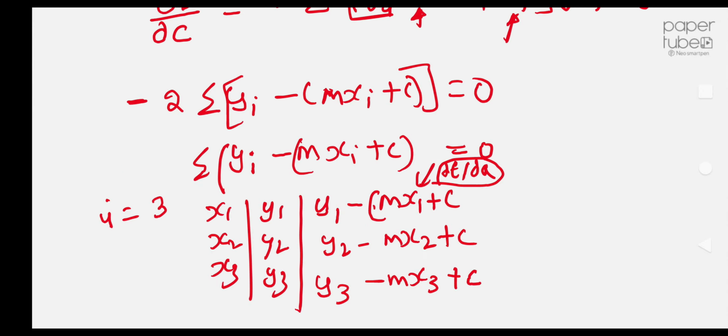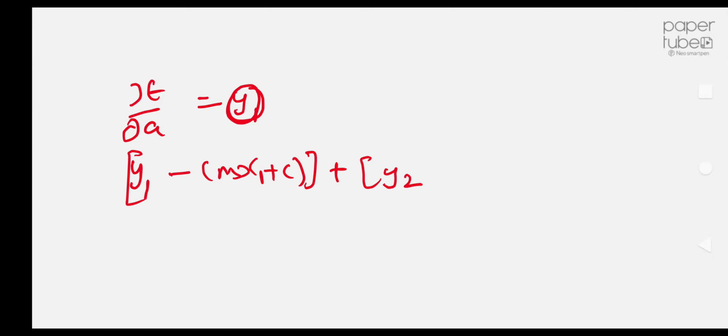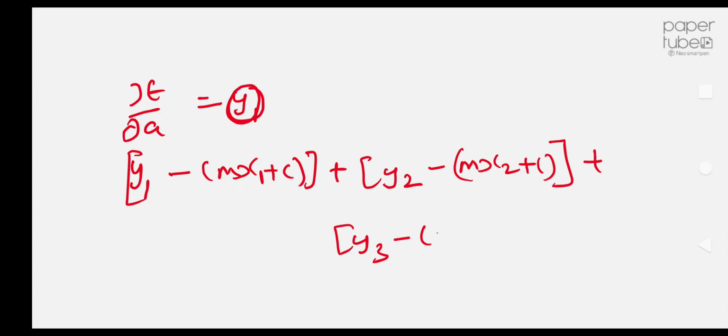So ∂E/∂a will be equal to zero. I'm going to take y on one side, so this whole term is equal to 0. So y1 minus (mx1 plus c) plus y2 minus (mx2 plus c) plus y3 minus (mx3 plus c).